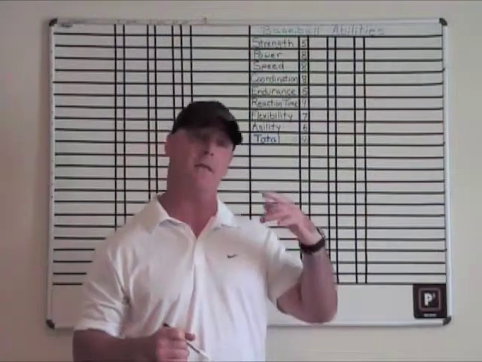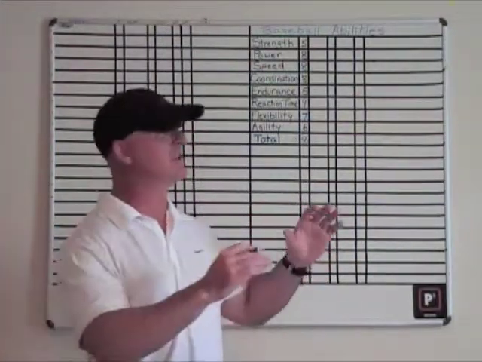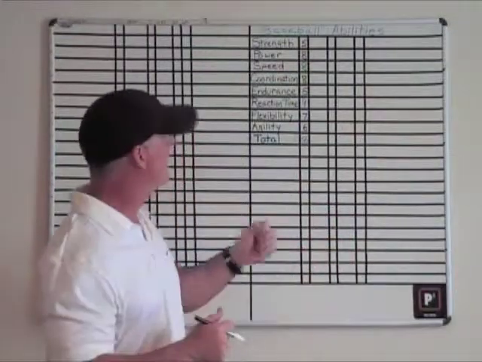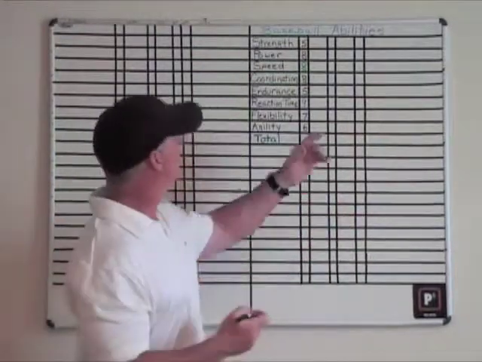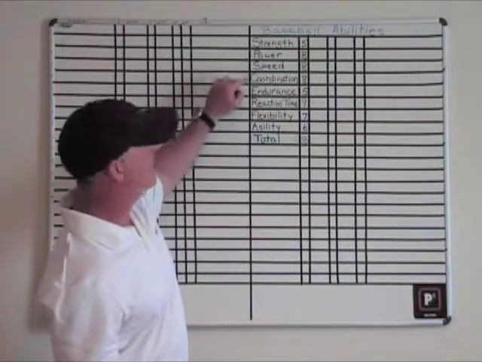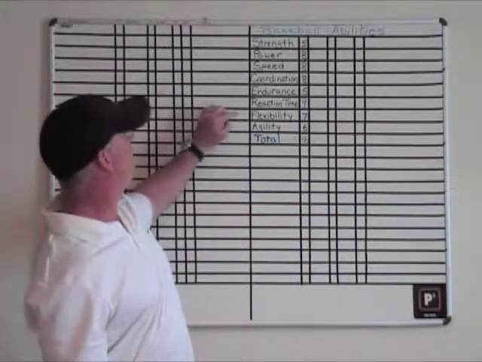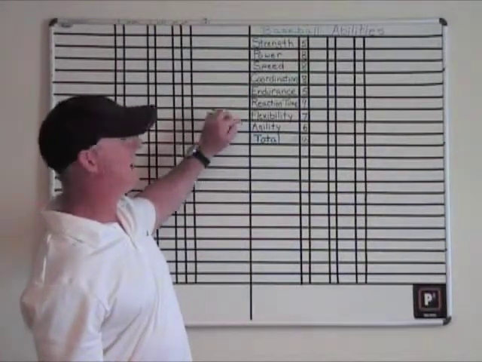Abilities are something that are inherent in most all athletics and all athletes. They're just in different amounts in different athletes. So, in the case of a baseball player, the abilities are strength, power, speed, coordination, endurance, reaction time, flexibility, and agility.